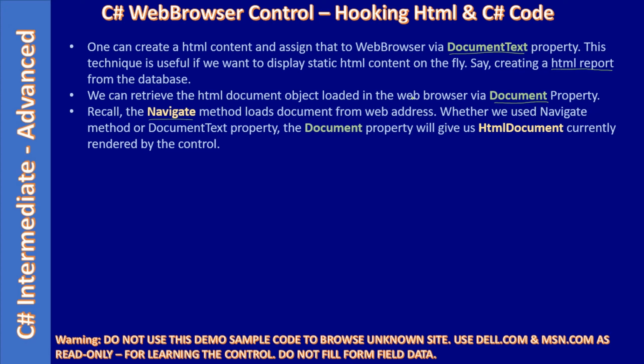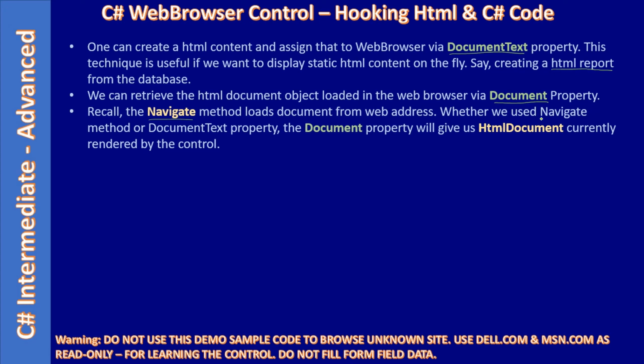If it is ASP, the HTML document will be prepared that way, or if it is Java EE based, JSP, or some other web services, it will prepare the HTML document and push that to the web browser. Here in our case, the web browser is the web browser control. So the navigate method loads a document from a web address.